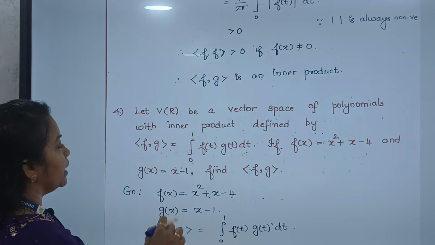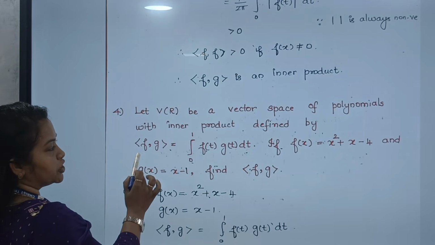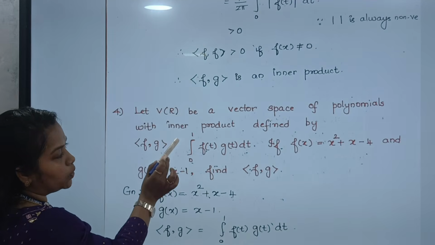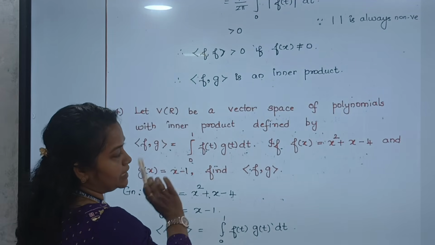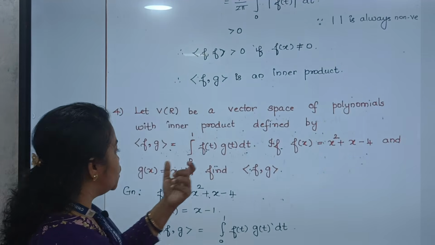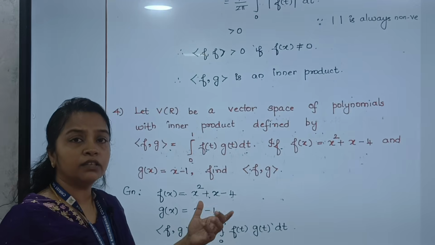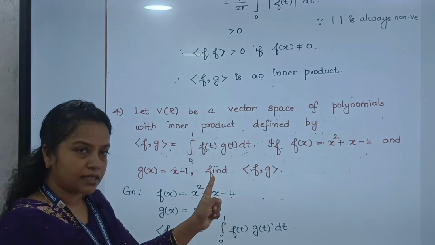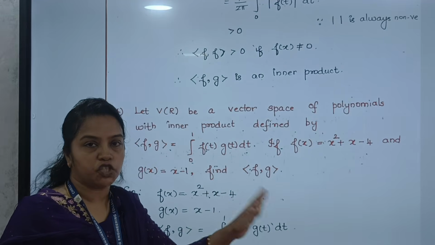Okay, so இதுல அவங்களே கொடுத்த definition என்னன்னா inner product f comma g is equal to integral 0 to 1 f of t g of t dt. f of x என்ன அப்படின்னா அதுக்கு ஒரு definition they have given. g of x என்னன்னா x minus 1 ன்னு questionலயே கொடுத்துட்டாங்க. இது கொடுத்துட்டு what they are asking us, inner product f comma g கேட்டிருக்காங்க.